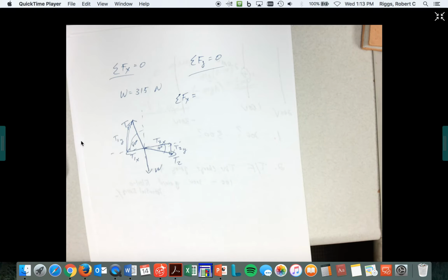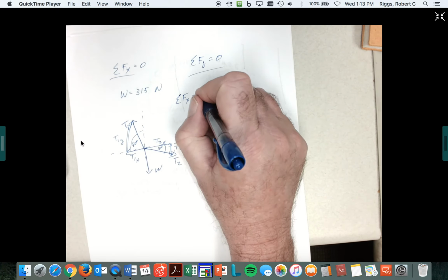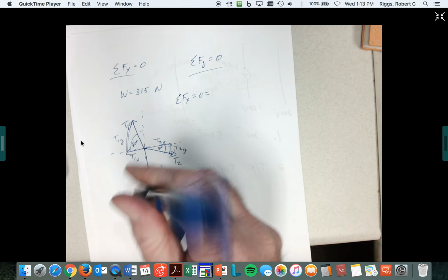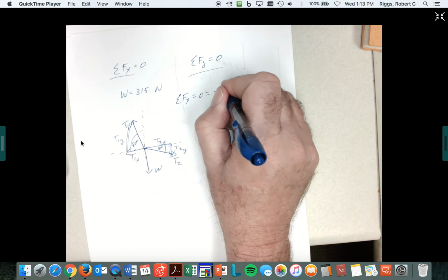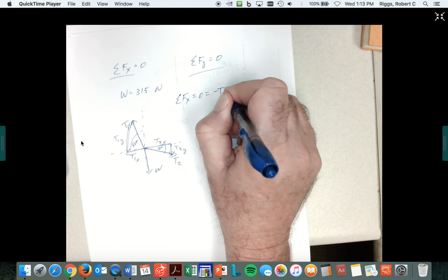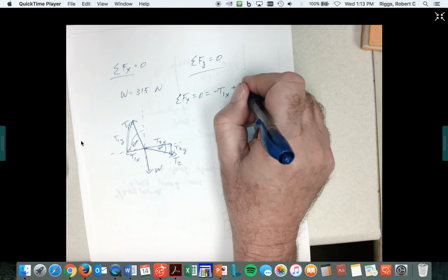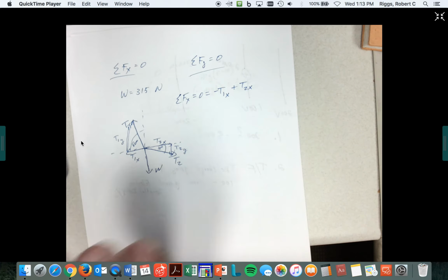The sum of the forces in the x direction is equal to 0, which is equal to minus T1x plus T2x. Hey, we're on to something. So T1x equals T2x. That's interesting. What does T1x equal?